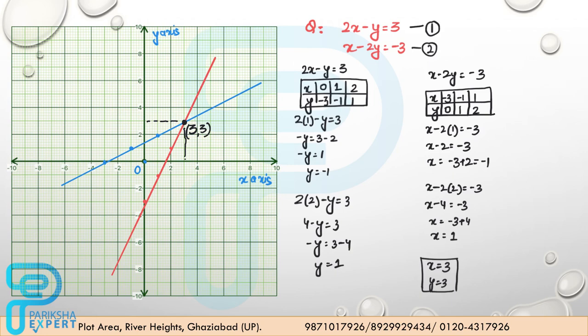Whatever was the equation, write that particular equation on the line. Like for example, this line was 2x minus y is equal to 3, and for the other line, the equation was x minus 2y is equal to minus 3. You can also write the coordinates of the points that you have marked.